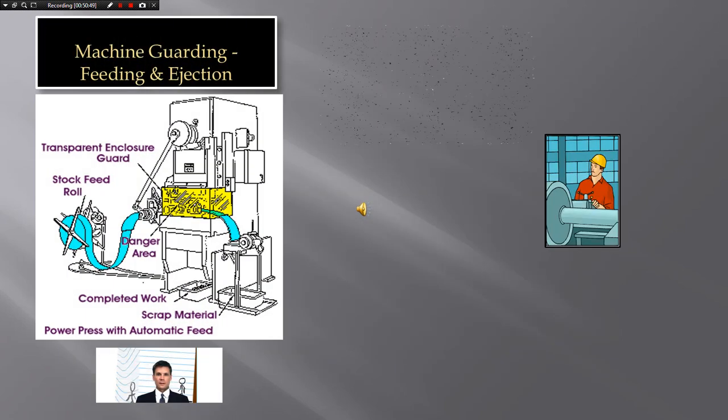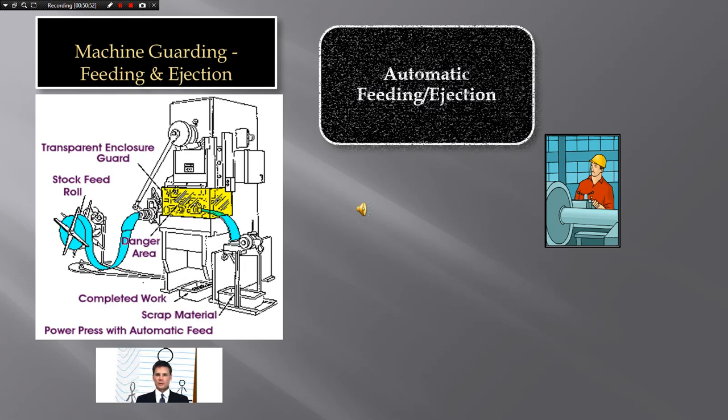Automatic feeding/ejection. Operator involvement is not necessary after the machine is set up.